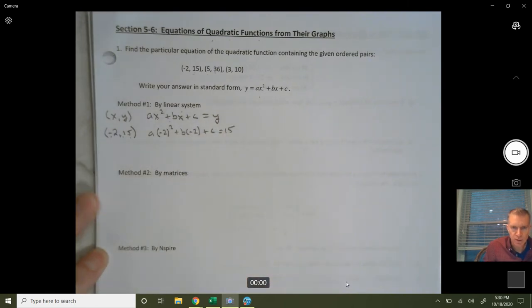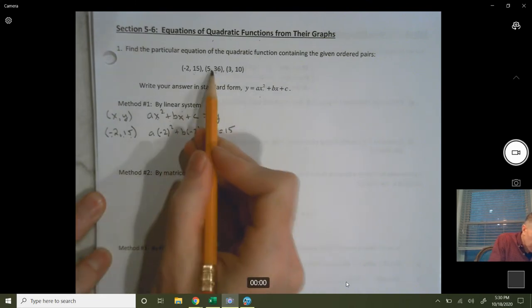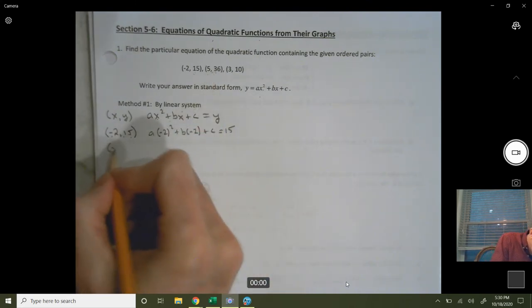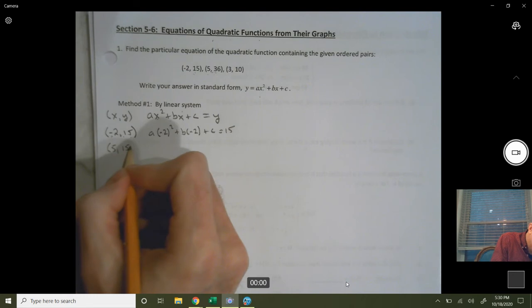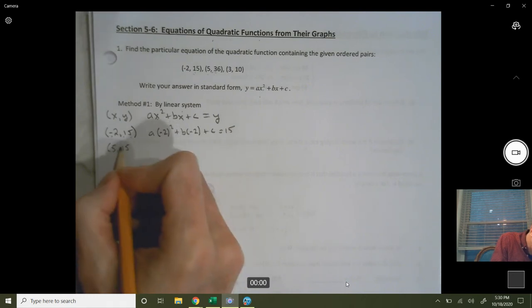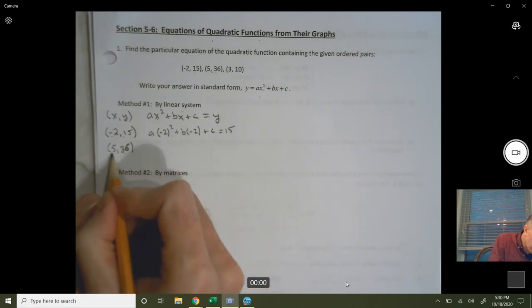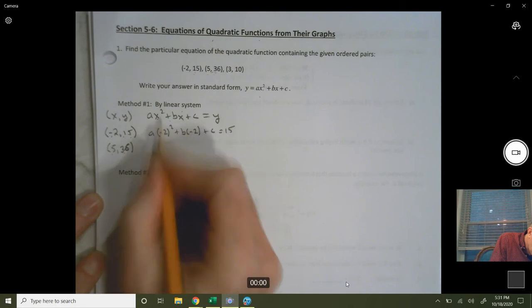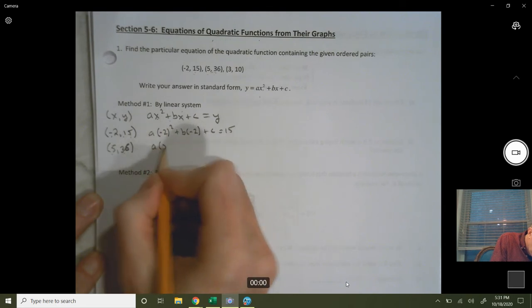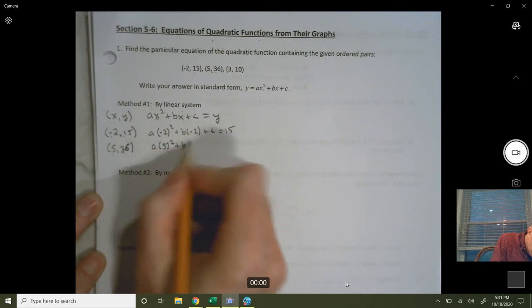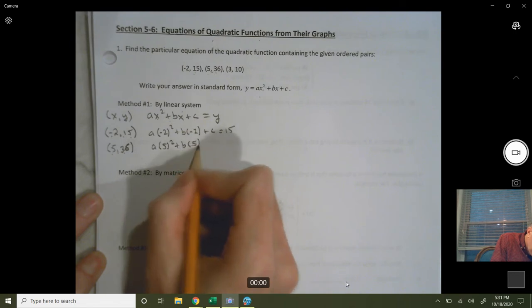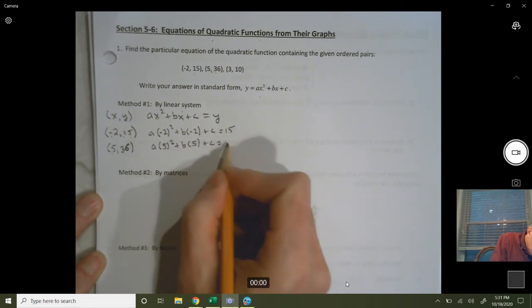There's my first equation. Now I'm going to come up with another equation from this ordered pair, 5 comma 36, which means my x is 5. So I've got a times 5 squared, plus b times 5, plus c is equal to the y value of 36.